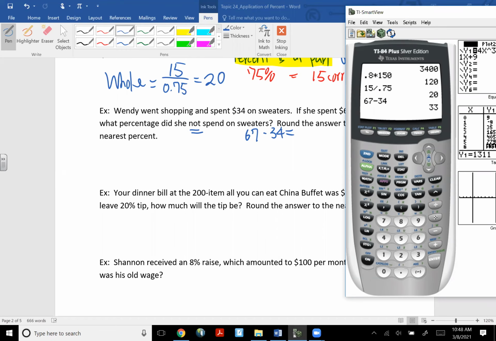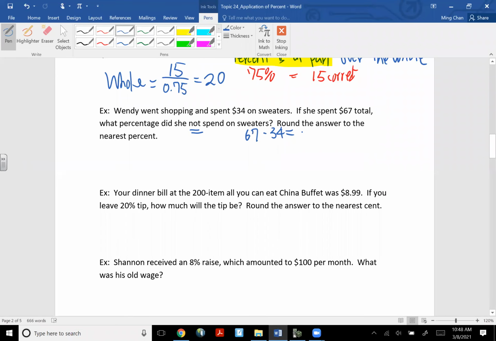It's $34 for sweater, $33 is not for sweater. So the percent not on sweater is going to be the money not spent on the sweater, 33 bucks, divided by the total times 100. Okay, I hope that makes sense.